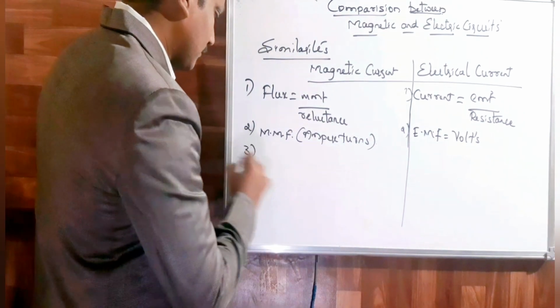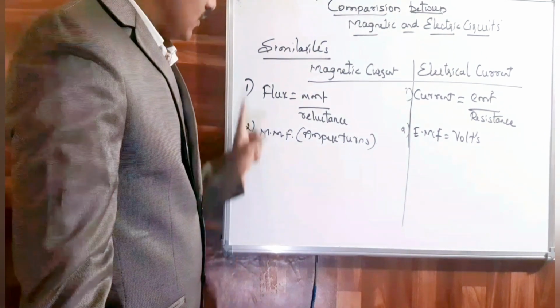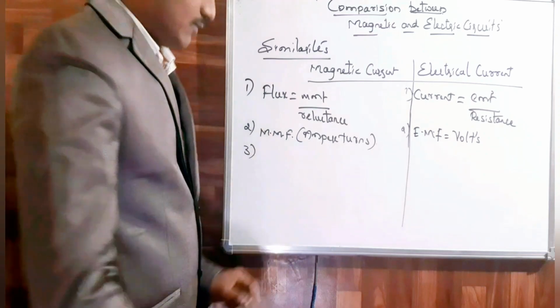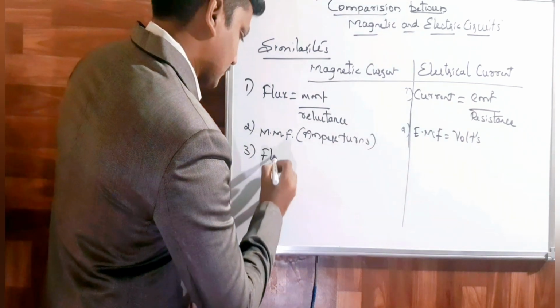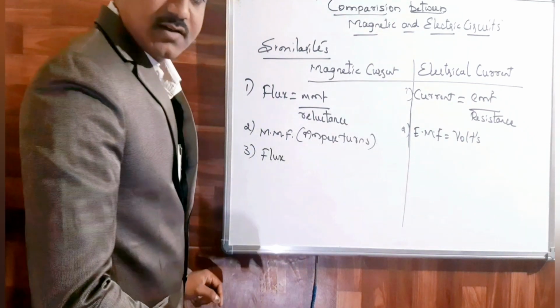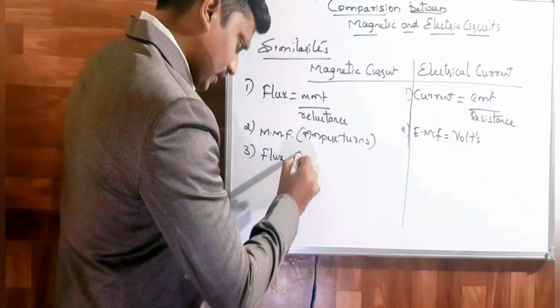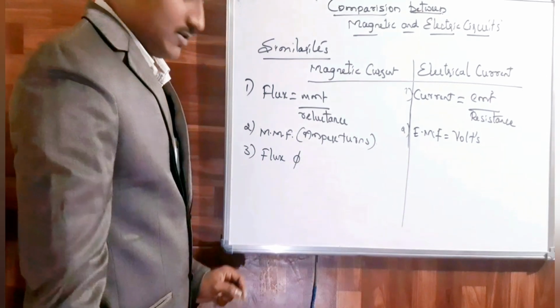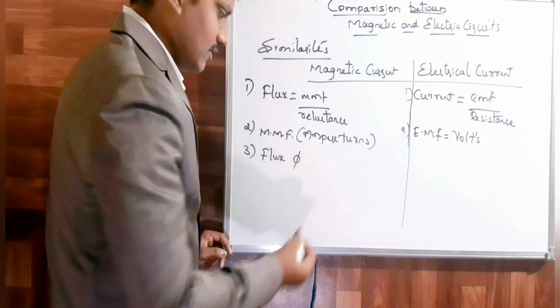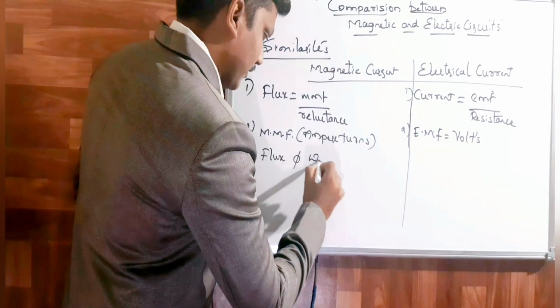The third point we have is the flux. The Greek letter phi is the symbol for flux, and the unit of flux is Weber.